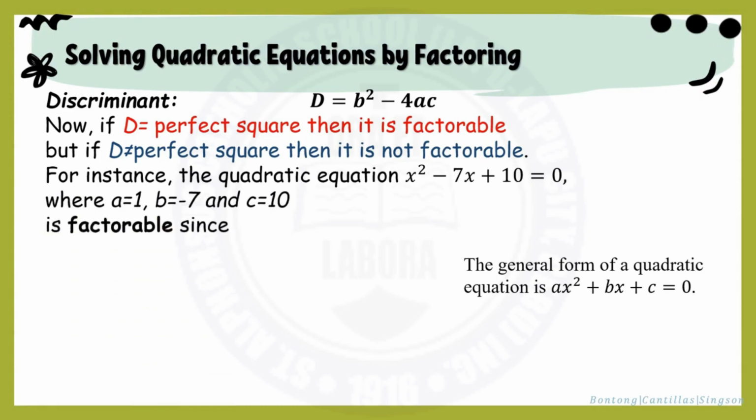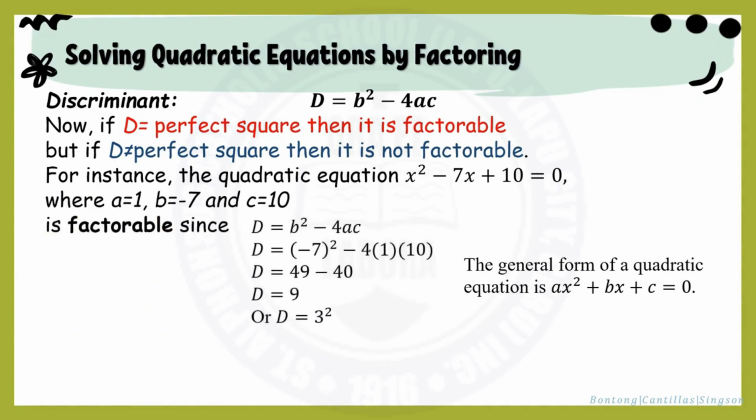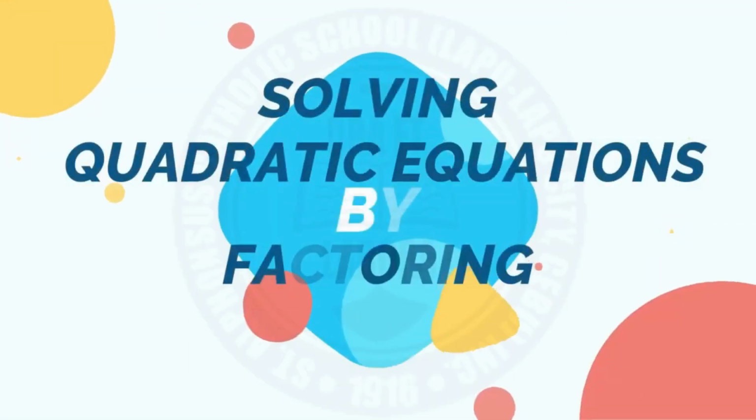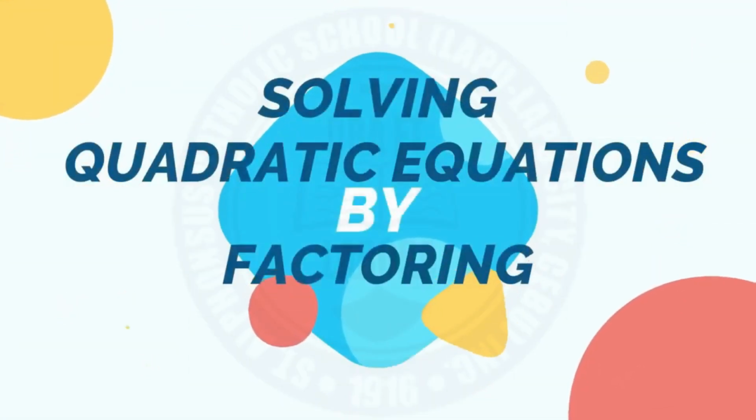This is factorable since the discriminant is equal to 9, and 9 is obviously a perfect square. Therefore, x squared minus 7x plus 10 equals 0 is factorable, and we can apply the factoring method in solving quadratic equations.